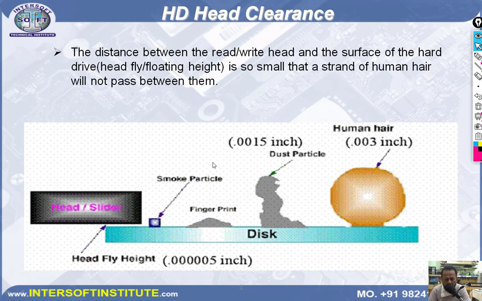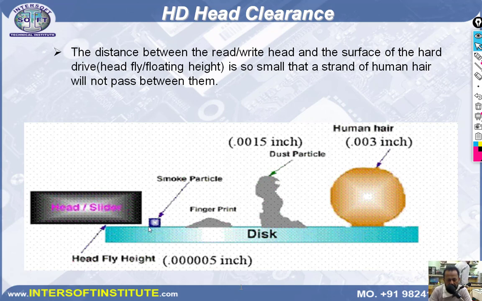Next, what is the distance between the head and platter? This is a head, 0.0005 inch. This is your platter and this is a head.